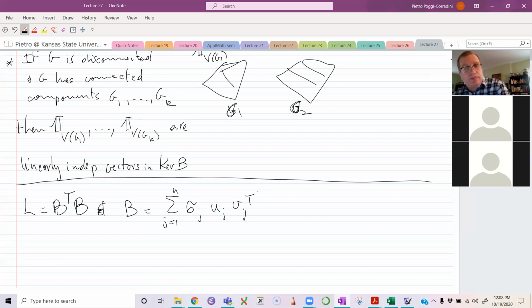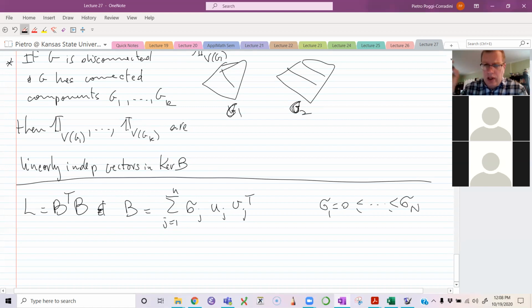I'm ordering the singular values so that sigma_1 is 0, which is unusual. Usually the singular values are ordered the other way.